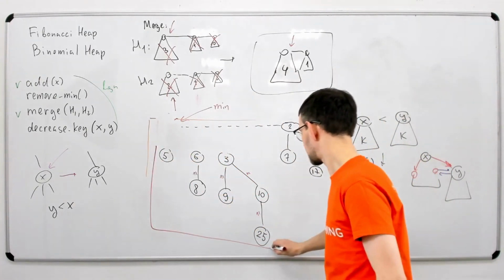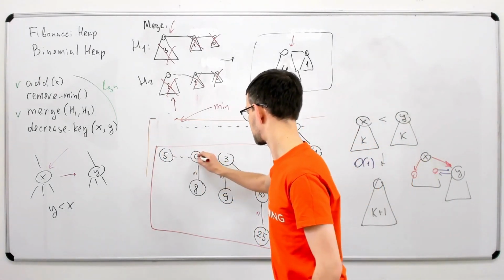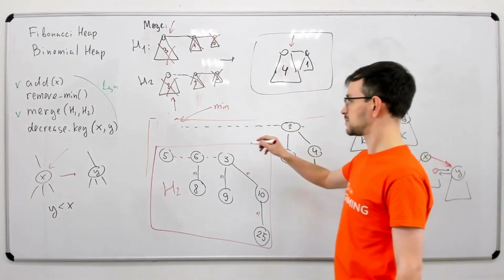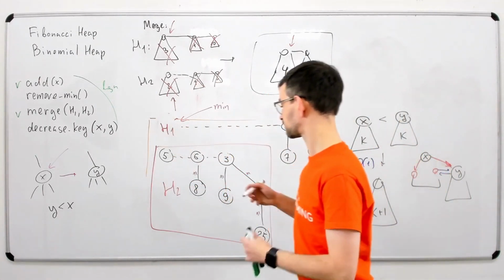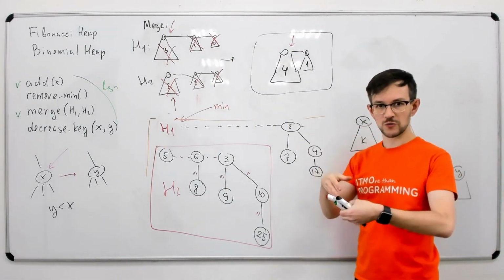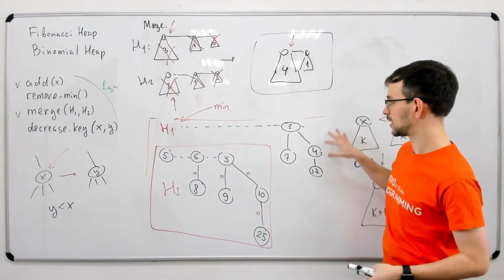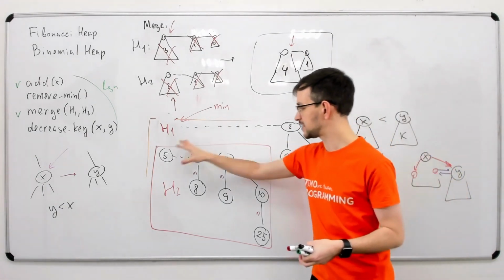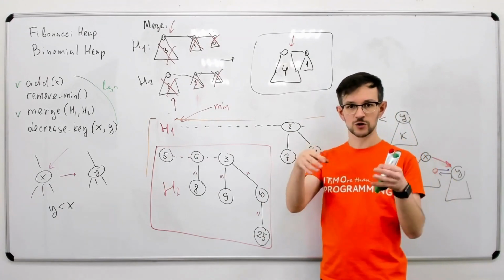We can say that this is binomial heap H2, and this is binomial heap H1. And then we just call the merge operation to combine what gets left of the binomial heap after we remove this minimal element, and this heap consisting of the children of the removed element.